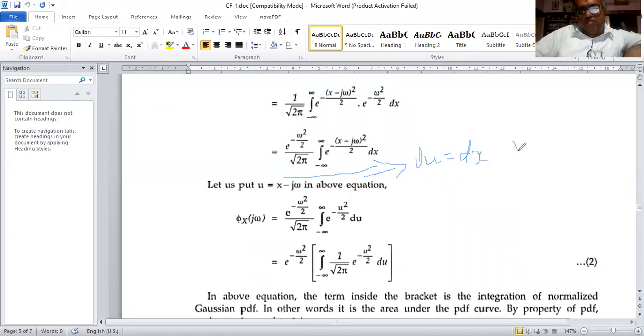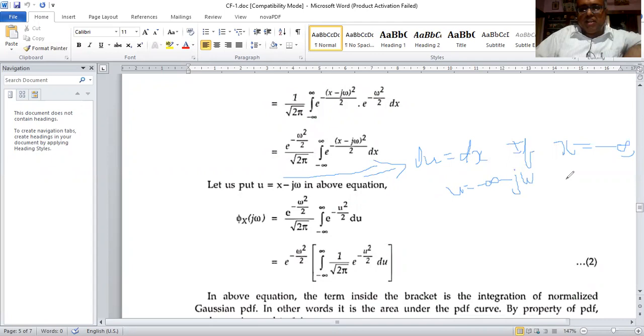Now if x is equal to minus infinity, I get u is equal to minus infinity minus j omega.